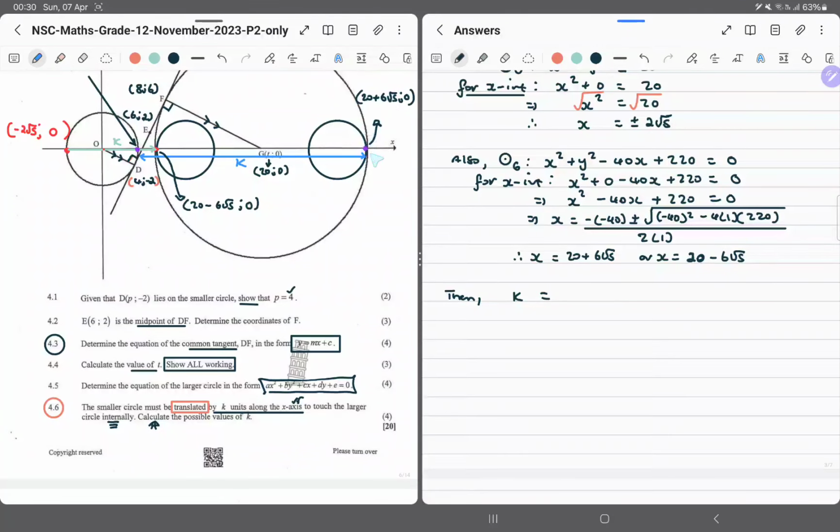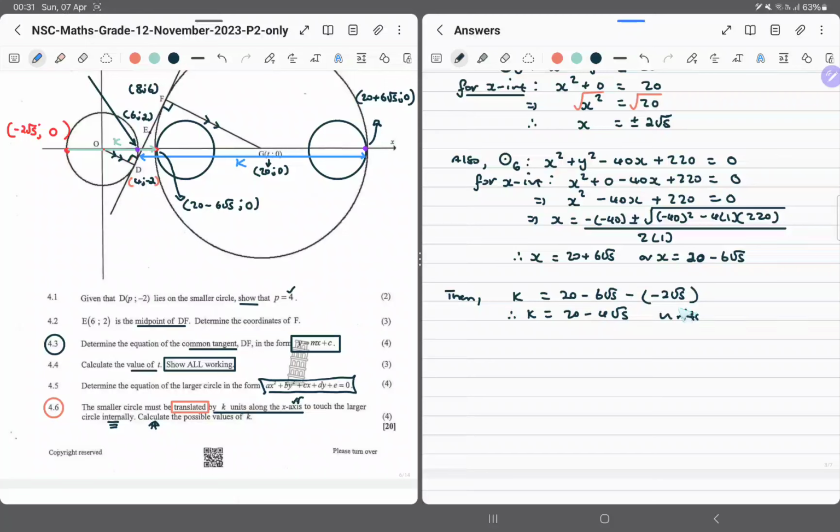So obviously, sorry, let's start with the smaller one. The x coordinate here on the larger circle is definitely the smaller one, because that is bigger than this. So it's going to be 20 minus 6 root 5 minus the x coordinate at that point, which is minus 2 root 5. So therefore our k is going to be 20 minus 4 root 5.